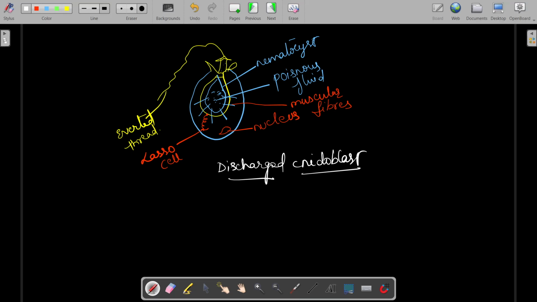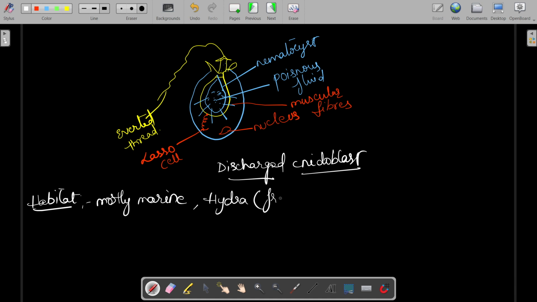Now what is the habitat of the coelenterates? Coming to the habitat, these are mostly marine, and hydra is present in fresh water. Then what is the habit?